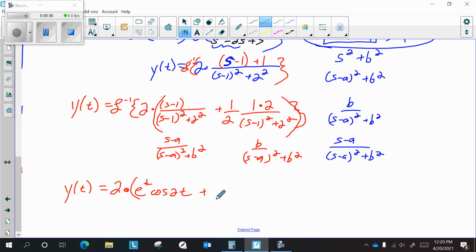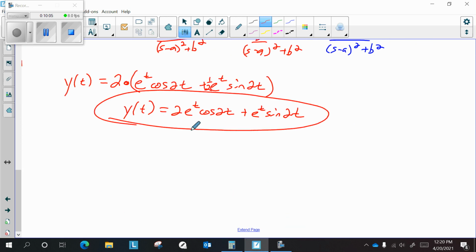And here, this is e to the at, so e to the 1t sine bt, so sine 2t. And that has a 1/2 in front of it. We can distribute that 2. So y of t is 2 e to the t cosine 2t. 2 times 1/2 is going to make that 1 e to the t sine 2t.